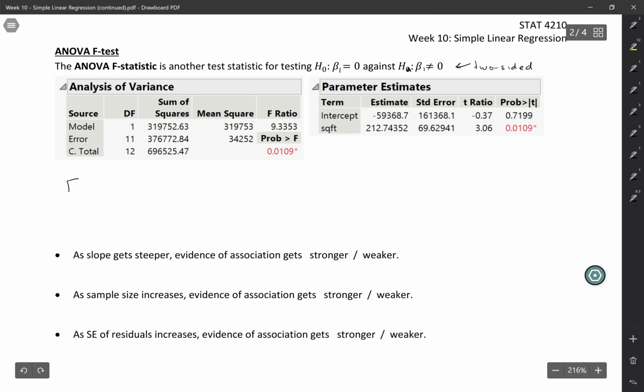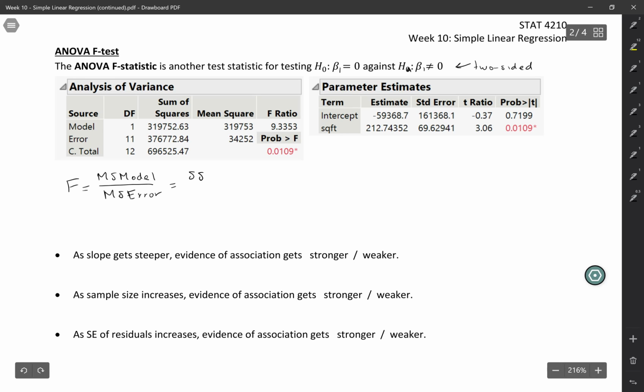Okay, so for calculating our F-statistic, we're going to put together some pieces from the analysis of variance table. So the numerator is going to be the mean square for the model, or the mean square regression, depending on the terms you're using. And the denominator is going to be the mean square for error, or the mean square residual in other terms. So mean squares are always the sum of squares divided by the degrees of freedom.